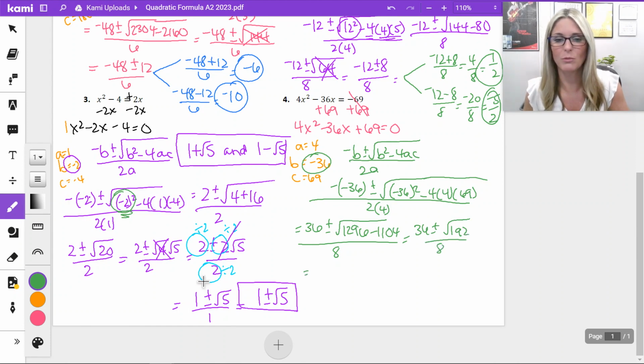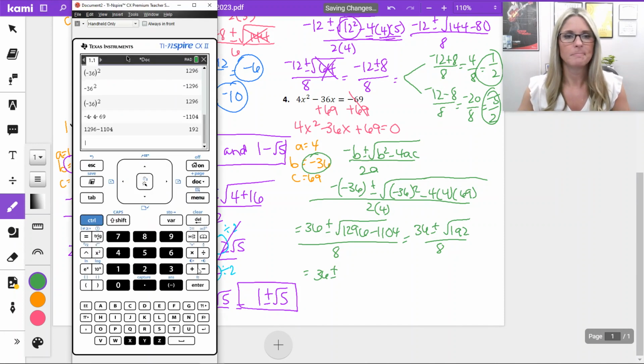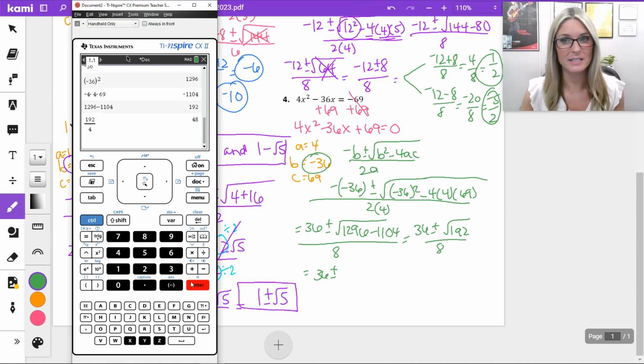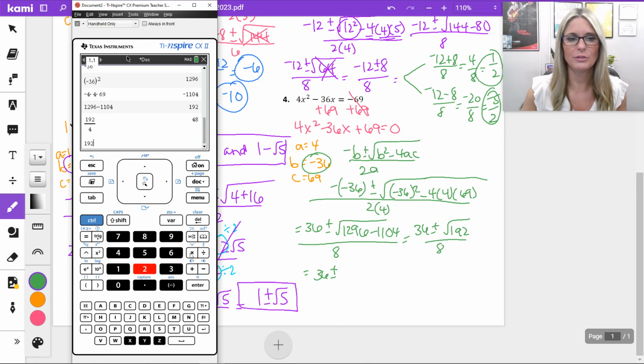Can I break down 192? Does it have any perfect square factors? Let's think. Divided by 4. 48. So it divided evenly and beautifully. However, I know inside 48 is another 4, so that I can do better. 192 divided by 16.